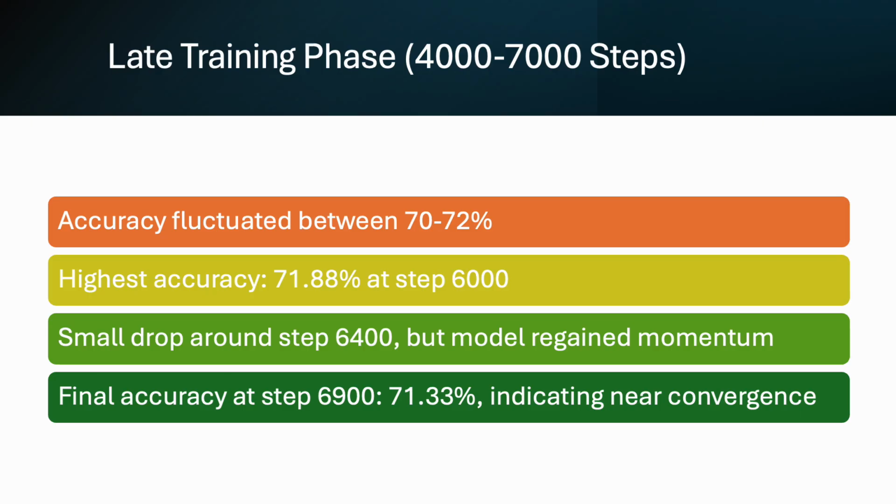Although there were some decreases around step 6400, the model was able to recover and gain back momentum. The final accuracy recorded at step 6900 was 71.33%. This suggested that the model had nearly converged.